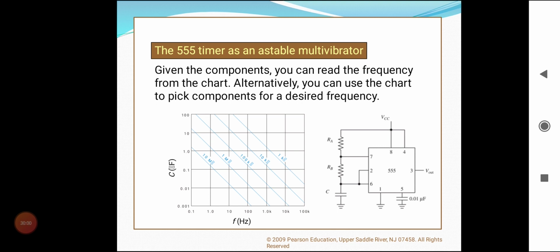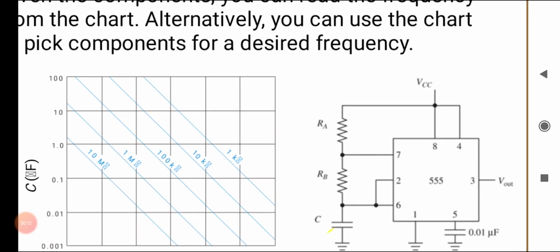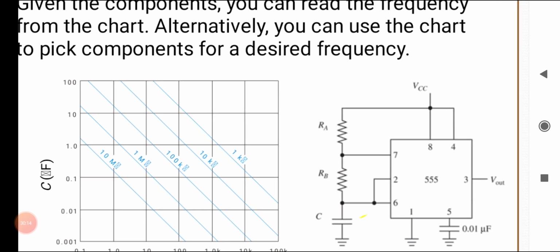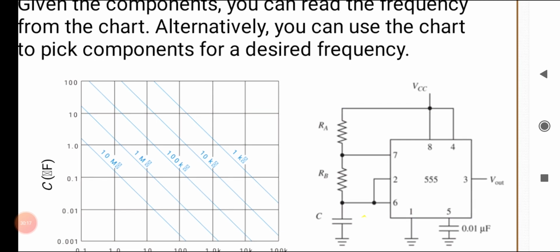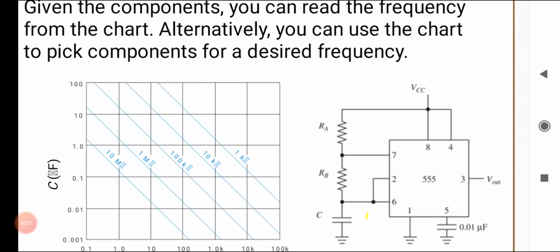Given the components, we can read the frequency from the chart. Alternately, you can use the chart to pick the components for a desired frequency. The capacitor is in picofarads, and the resistance values are 1 kilo ohm, 10k, 100k, 1 mega ohm, and 10 mega ohms.